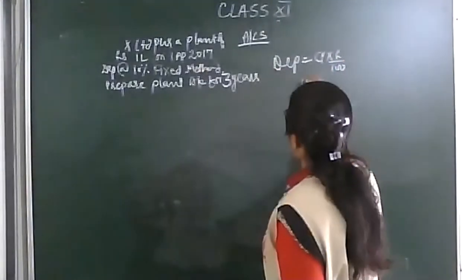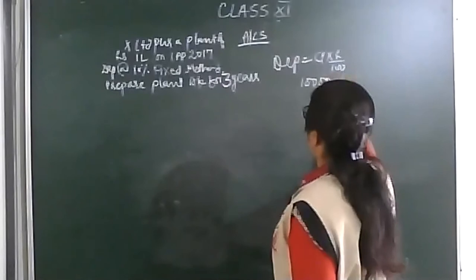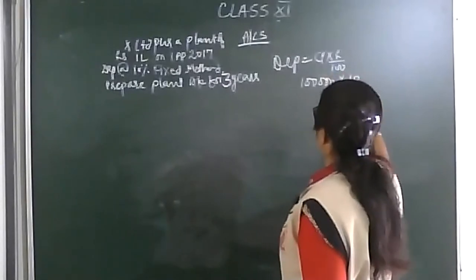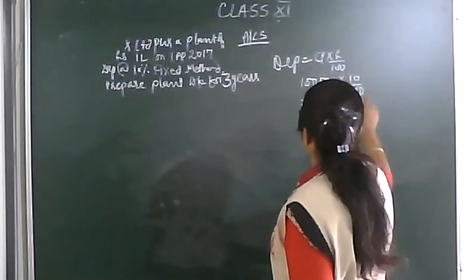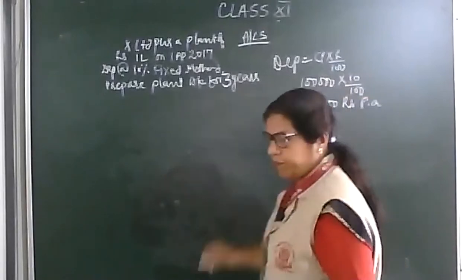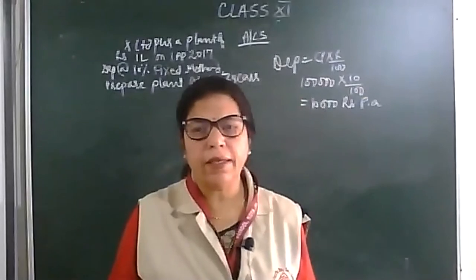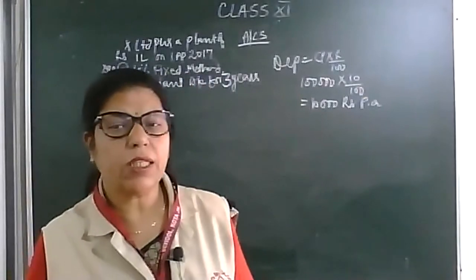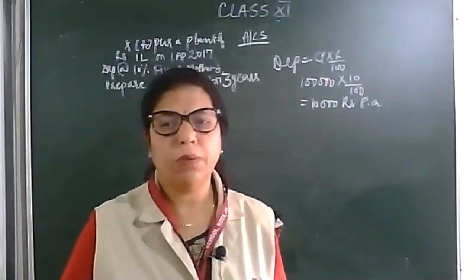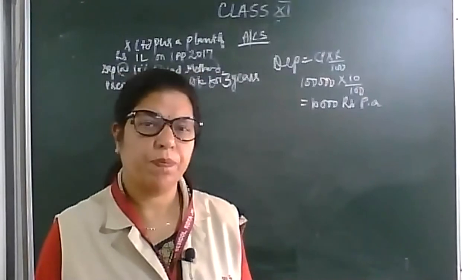Cost price is 1 lakh, rate is 10%. The amount is 10,000 rupees per annum. Per annum means every year the depreciation amount will be 10,000.